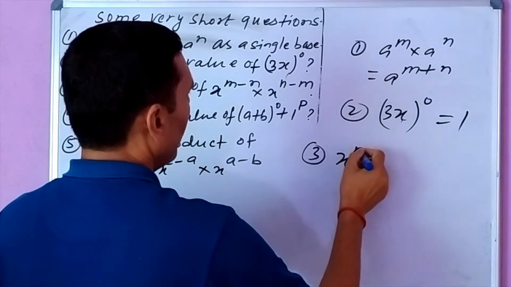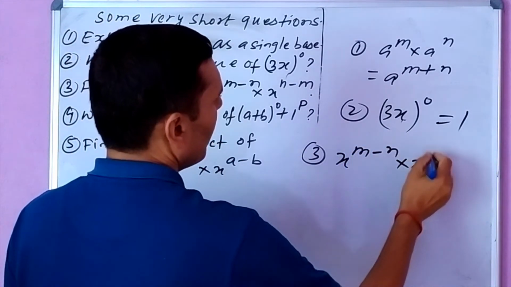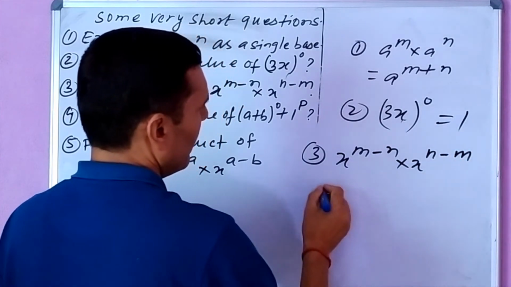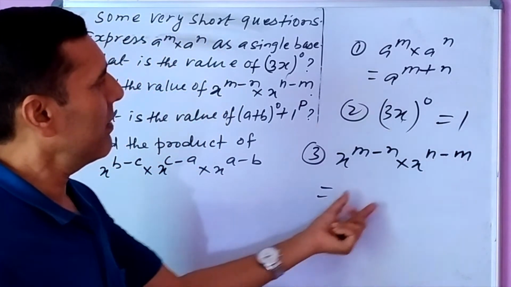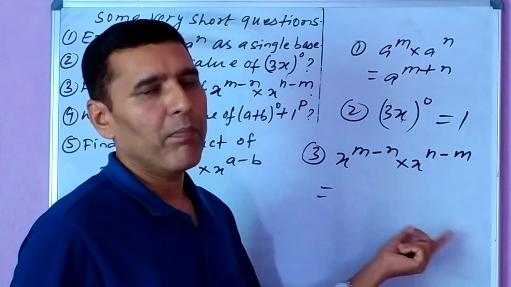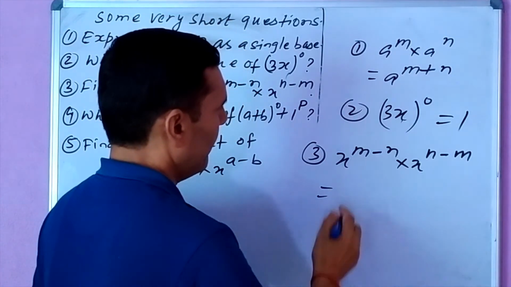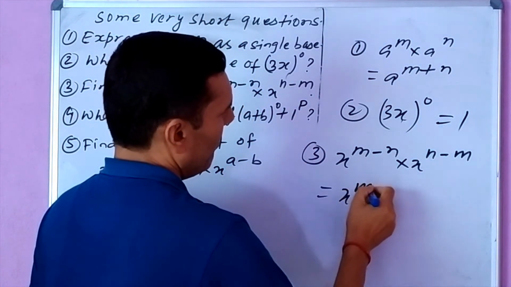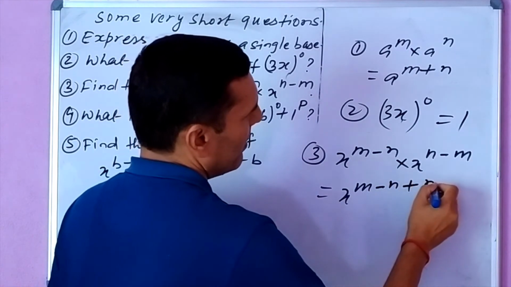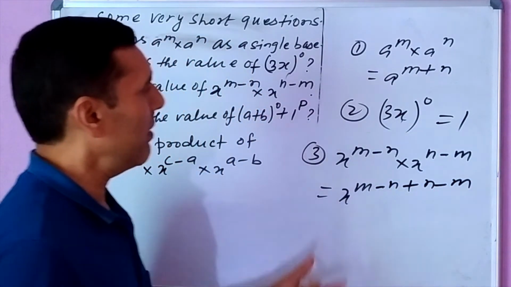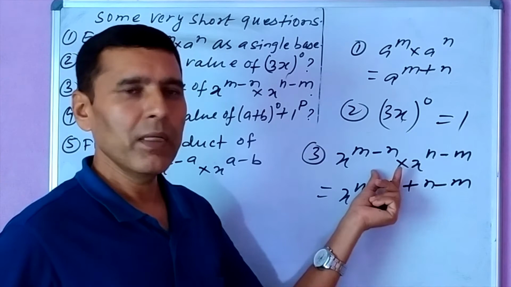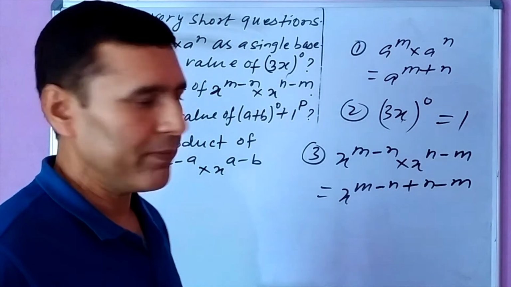And number 3, x to the power m minus n into x to the power n minus m. We have the same base here, x. Product form, powers are added together. So x to the power (m minus n) plus (n minus m). While adding the powers on the same base, we add the powers according to their sign.